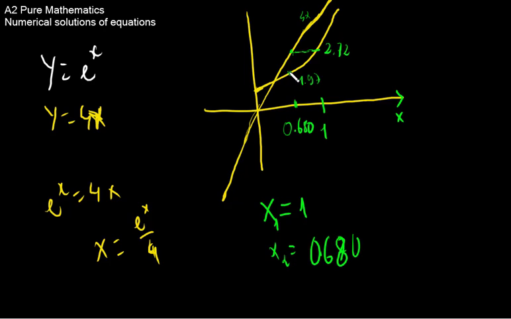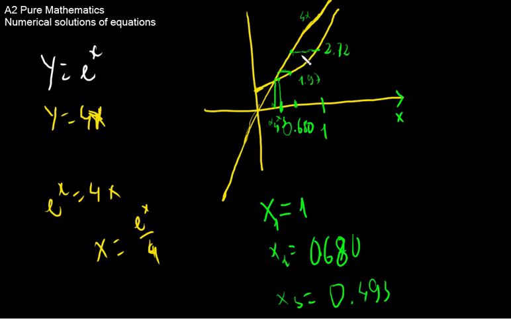And similarly, if we equate this to 4x and divide by 4, we get our new x. So x3 is about 0.493. Similarly, we get another e, equate this to 4x, and get another x, which is x4.